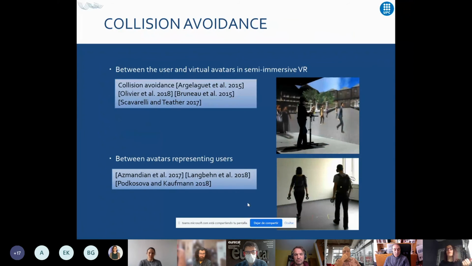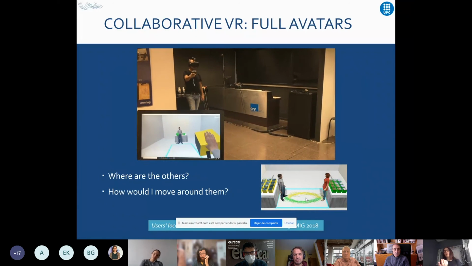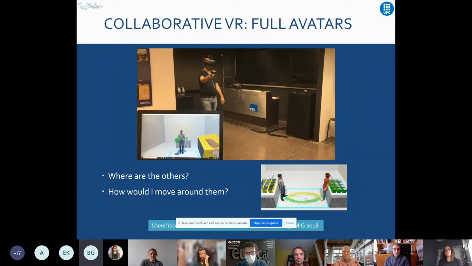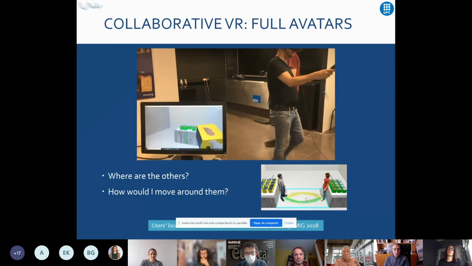But if we go a bit further, we have full avatars. Again, there's work in the literature studying humans moving around a virtual crowd in a cave, for example, or even the one at the bottom, studying people moving around each other with avatars that are animated with inverse kinematics. In the experiments we ran, we didn't want to use inverse kinematics at the time because we didn't have a full high-quality motion capture shoot.